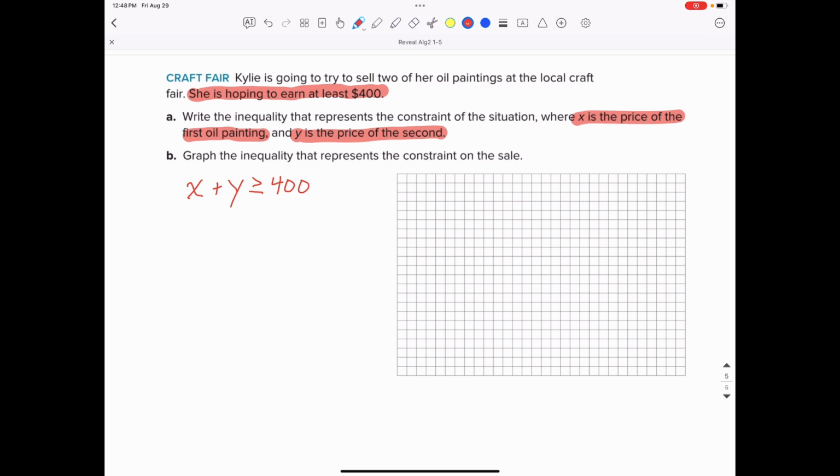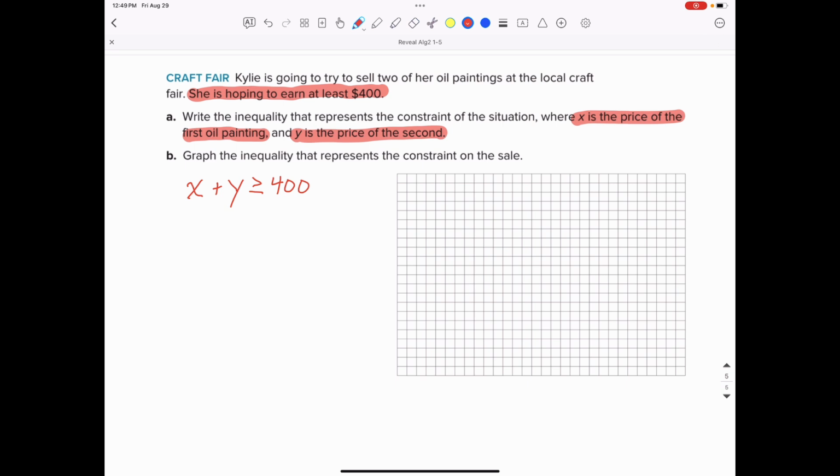So we're going to be dealing with some pretty good-sized numbers here. Since it's x plus y greater than or equal to 400, instead of trying to change this to slope-intercept form, this is a really good case where using the intercepts works well.